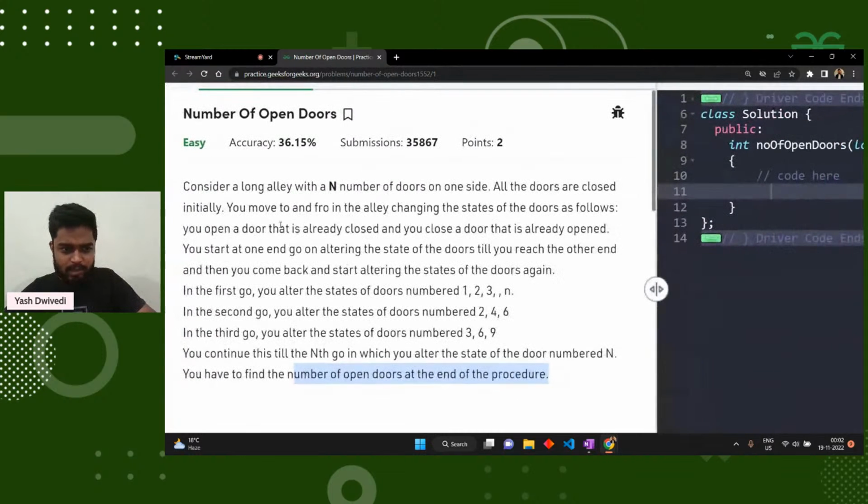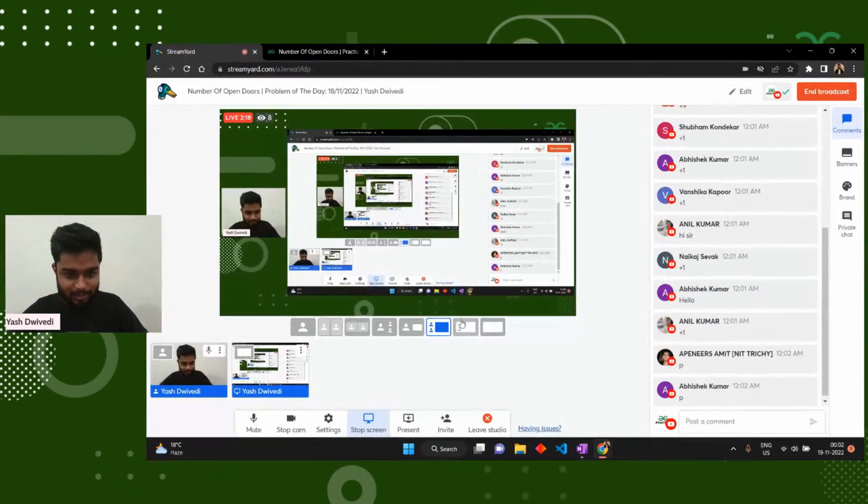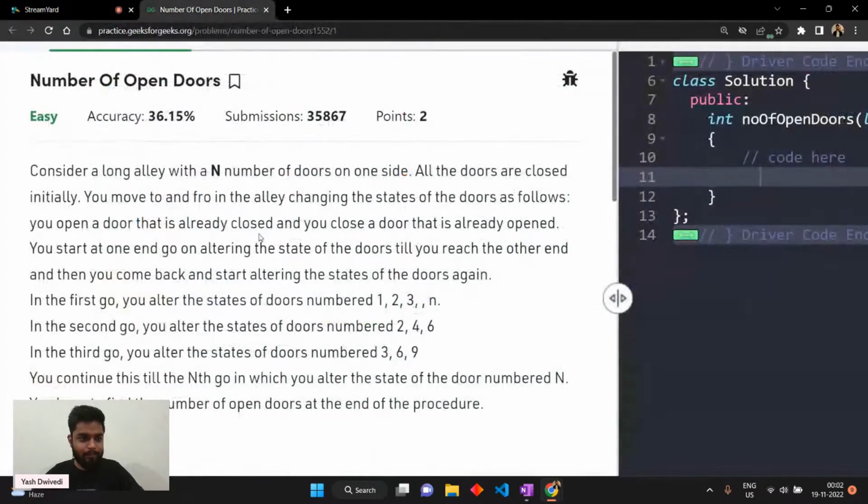Okay, so if you will see here, it says that you have to consider a long alley with n doors on one side. Basically, suppose that n value is equal to 10. So in that case, what will happen?